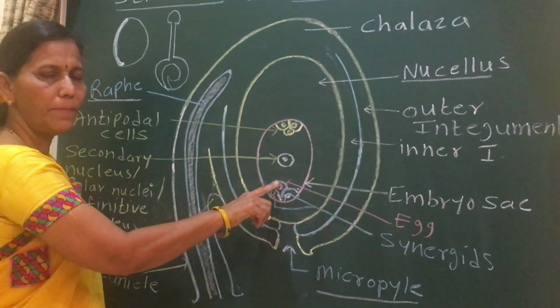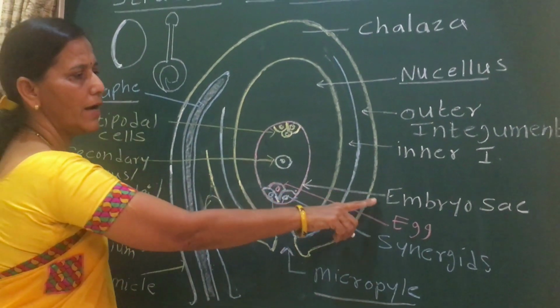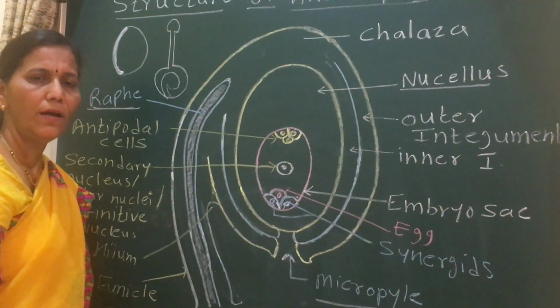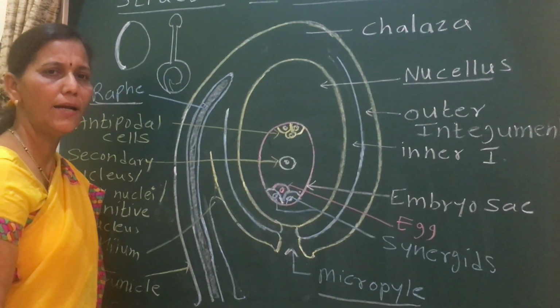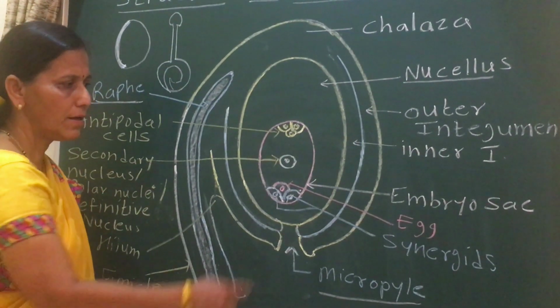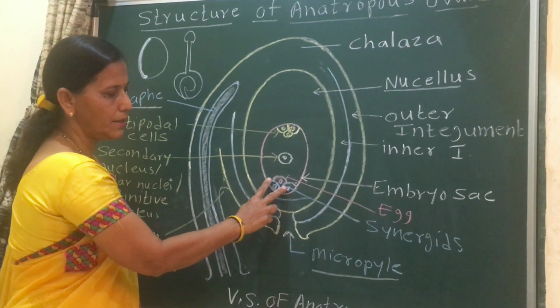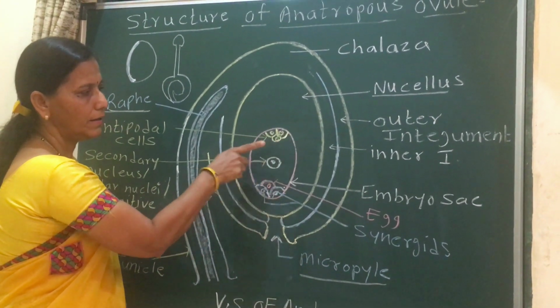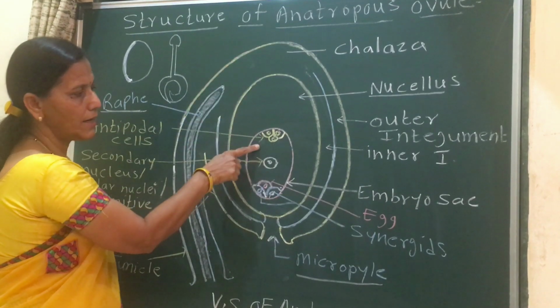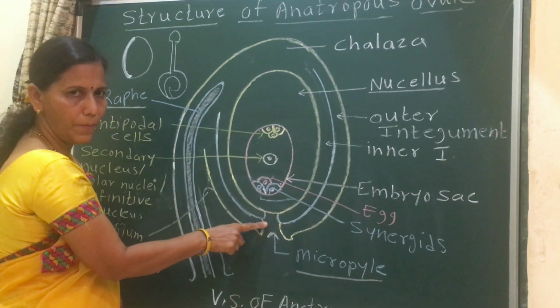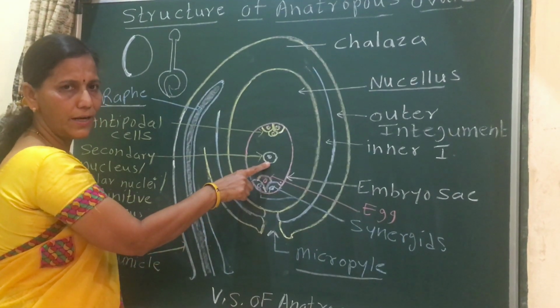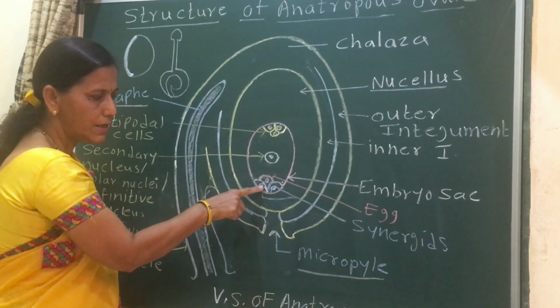It is a 7-celled 8-nucleated structure. Means in this embryo sac, these 7 cells are present. 3 towards the chalazal end, 3 towards the micropylar end, and 1 towards the center.